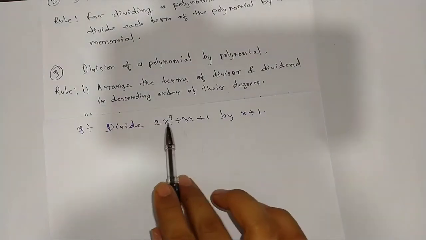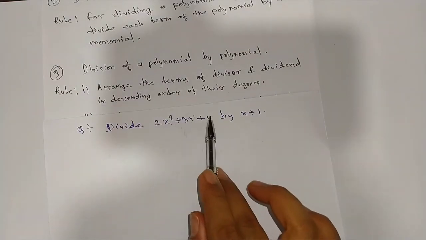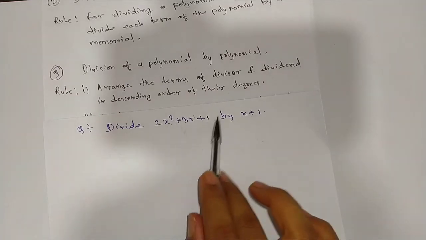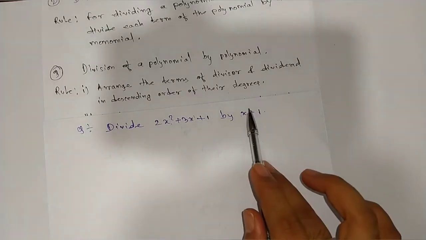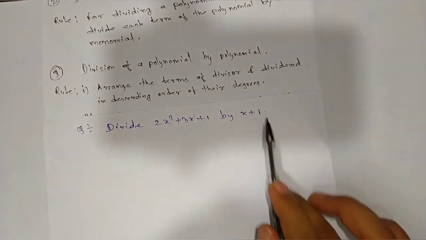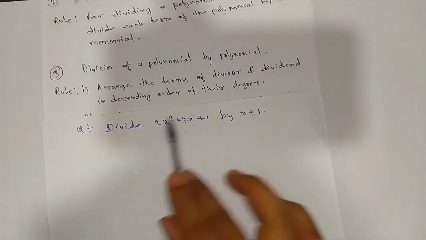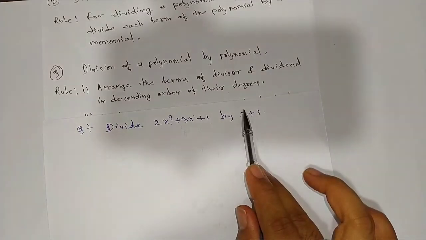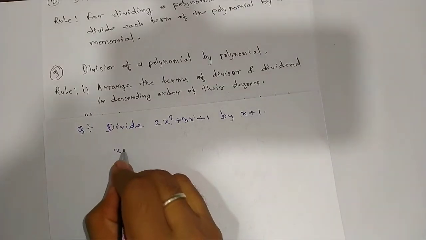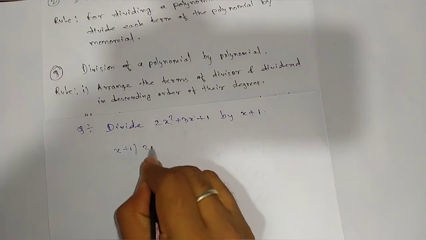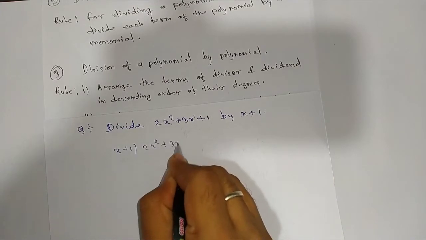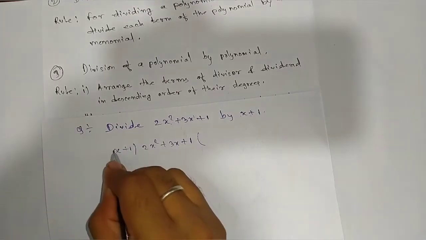Just look here: 2, 1, nothing, meaning 0. So it is in descending order, and here also 1, nothing, meaning 0. So both are in order. This is your dividend and this is your divisor. In the long division method we'll take x plus 1 here, and here 2x square plus 3x plus 1. This is your first step.